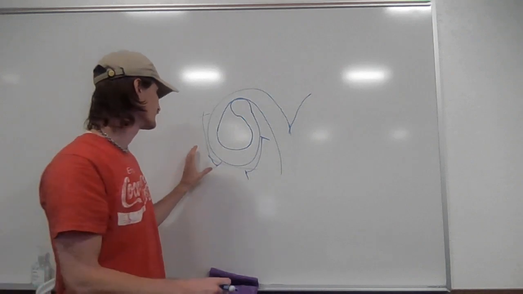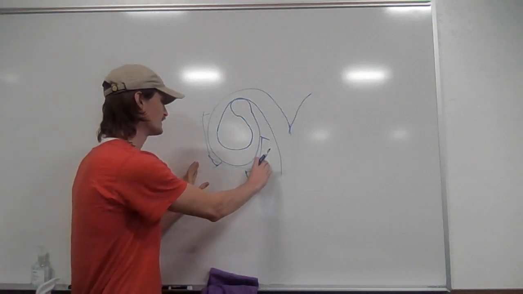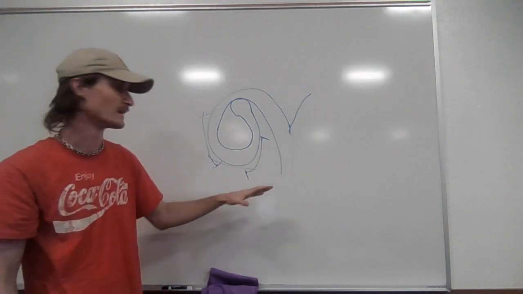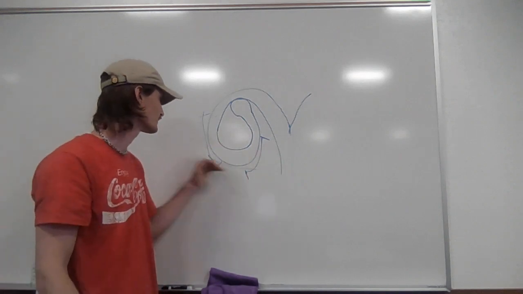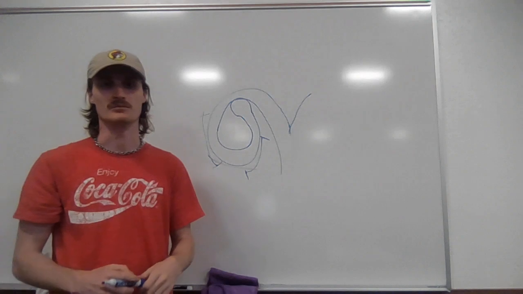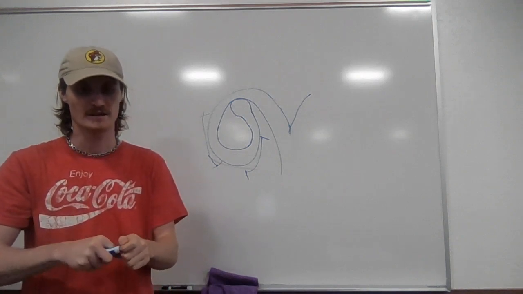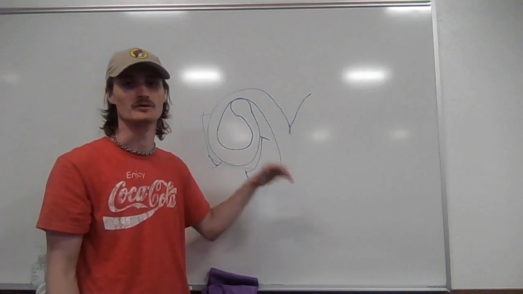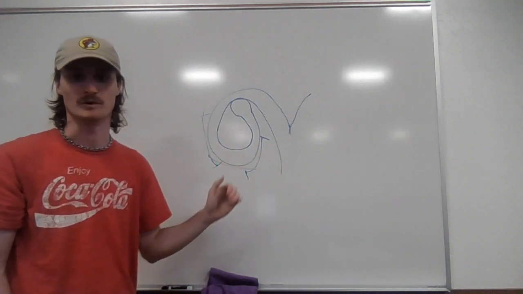So the loop of Henle really focuses on either moving water out or letting solutes in, or vice versa. It plays a very important part in how we can make the urine so concentrated, because we're going to have different areas where we're able to move water in and out, solutes as well.